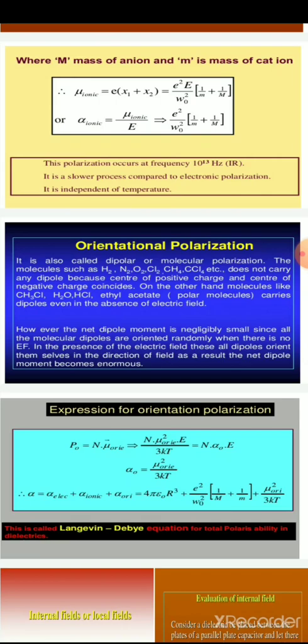Both the centers coincide. On the other hand, molecules like CH3Cl, H2O, HCl, ethyl acetate are polar molecules that carry dipoles even in the absence of an electric field. So from this we can say that an atom is the original constituent, and a molecule is a group of atoms.